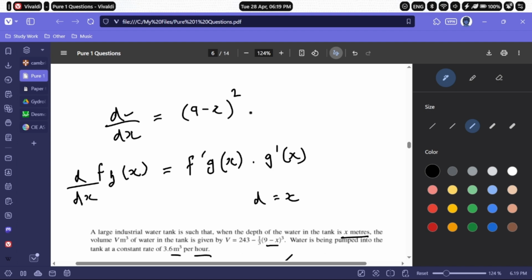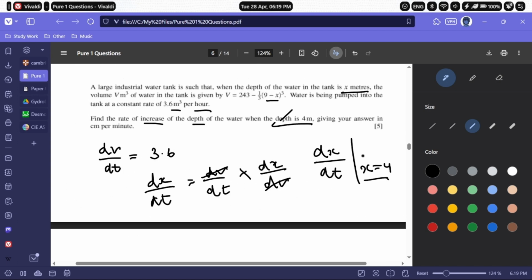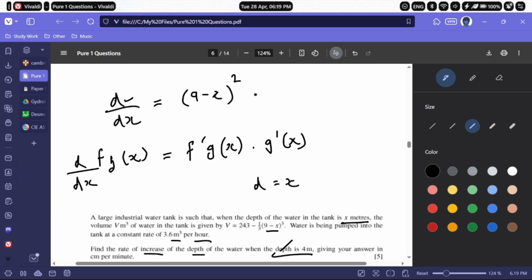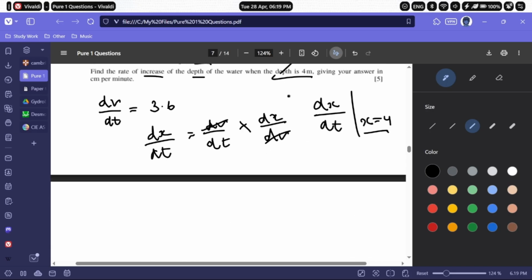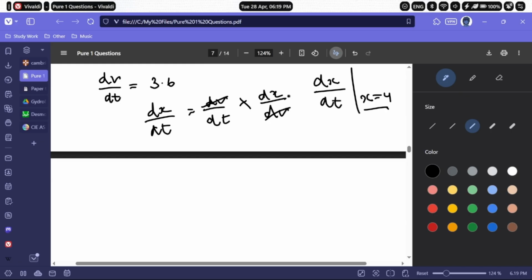And then you would input x is equal to 4 to get dv by dx at that point. So that's just 9 minus 4, so 5 squared, which is 25. Okay. Now, after that, you know that dv by dx is 25.